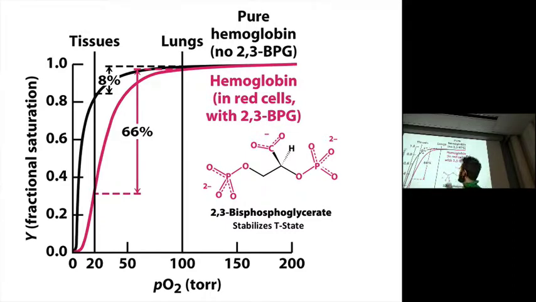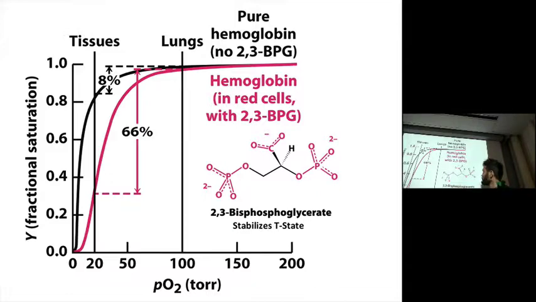And the difference here is the presence of 2,3-bisphosphoglycerate, which is an intermediate in glycolysis. It's one of the intermediate molecules in the breakdown of glucose, a three carbon fragment that is part of the breakdown of glucose.